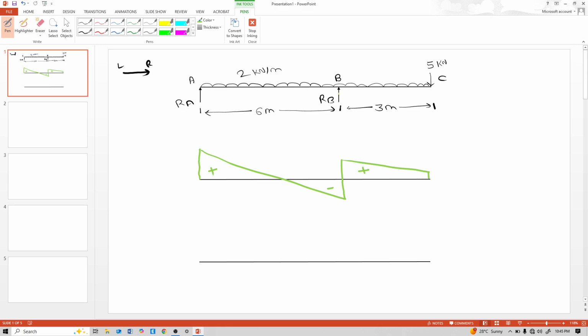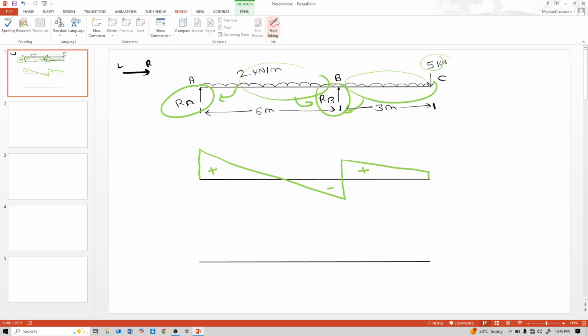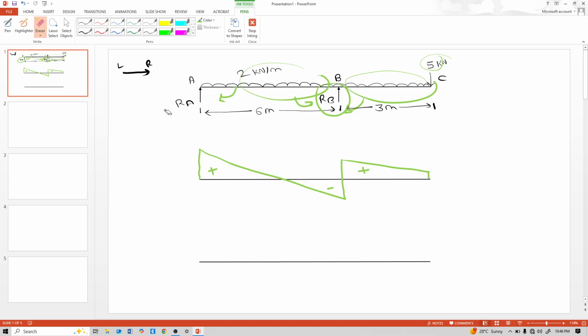So for that, understand. First see this support. This support has this 5 kN load, and this load is near to this RB support, and this load is also near to this RB support, and this RA support has only this load. So as per my judgment, RB support has maximum shear. Why?